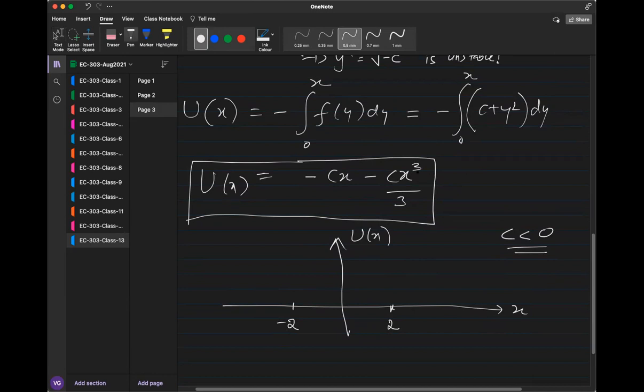And because c is negative, I think the pattern of this will look something like this.